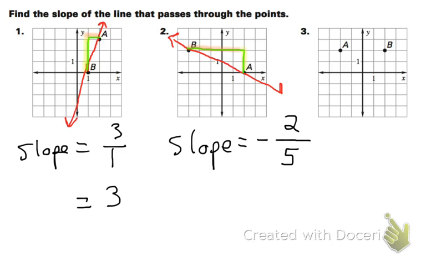Next line goes through A and B. Alright, so to get from point A to point B, I just have to go 4 boxes to the right. And I don't have to go up or down at all. My line's completely flat. It's not steep, it doesn't slope at all.